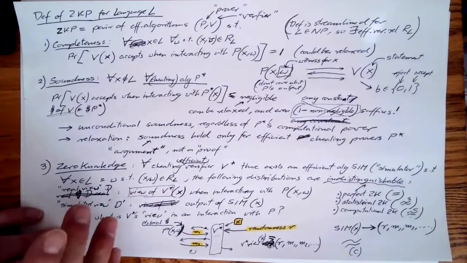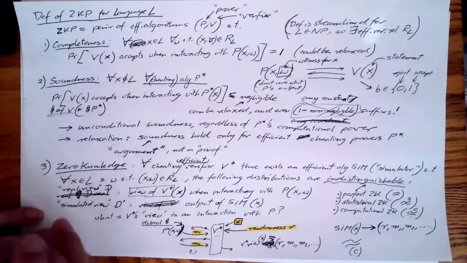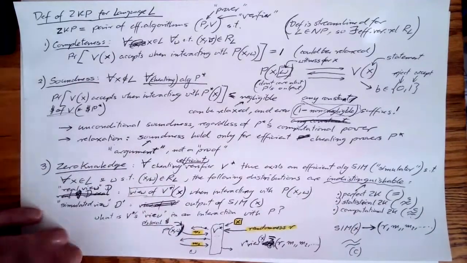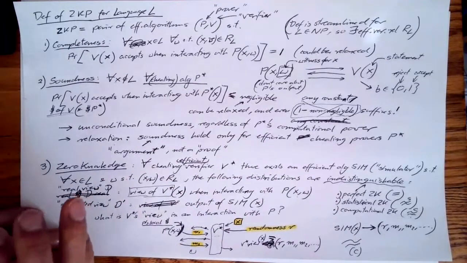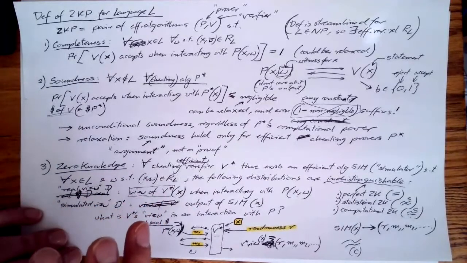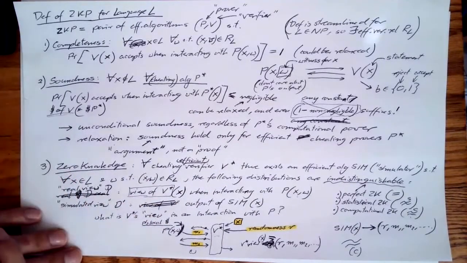But these distributions are parameterized by x, and this one in addition is parameterized by w, right? Because for the same x, there might be many ws. I mean, the proper way to think of this is to think of the worst case x for any length, because it says that it's for all.